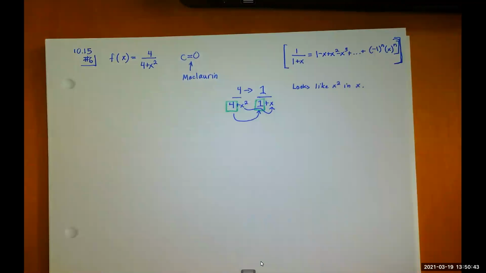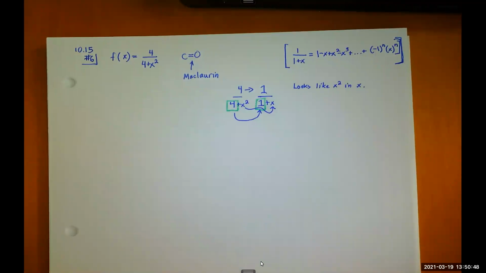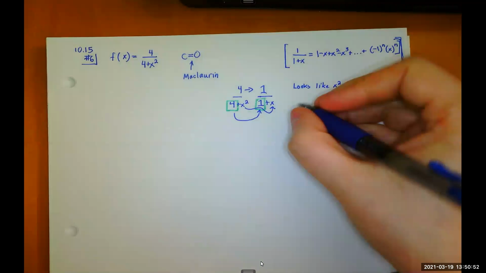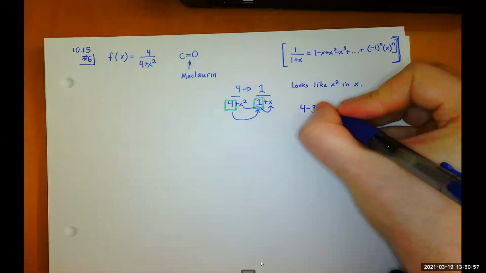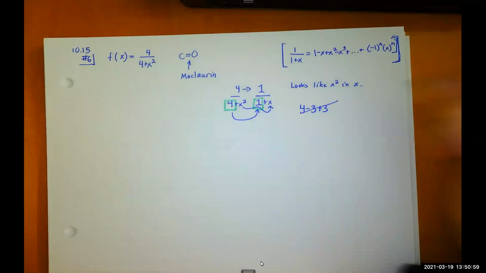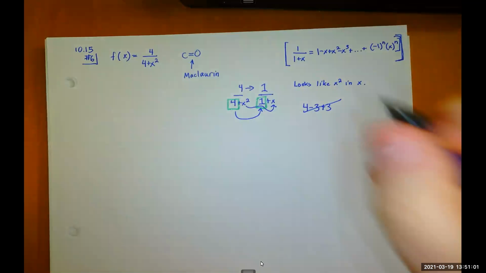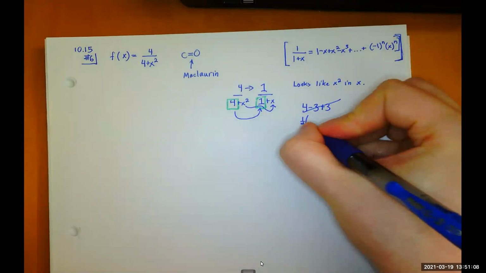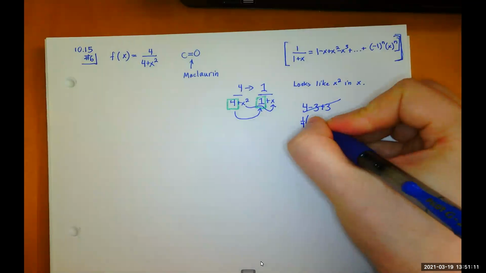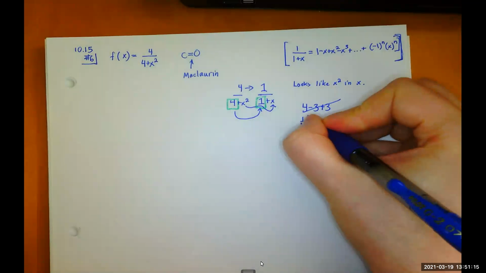So how am I going to make that happen? Well, I guess I could, right? That would make 1. But then I'd have to add 3. So that's not going to work. Ooh, how about this? What if I do... No, that won't work, will it?